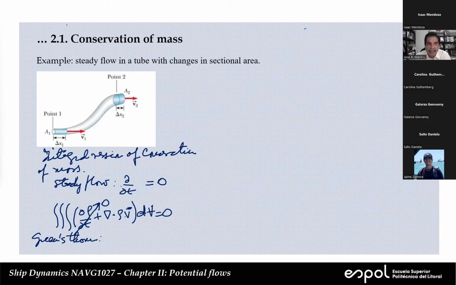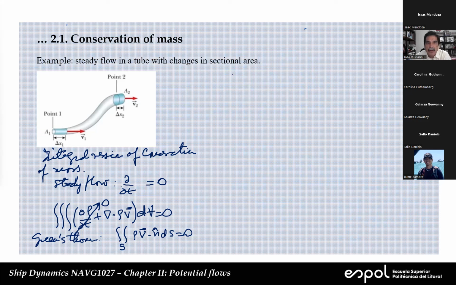This is an integral in volume, so we can put it back to integrate the surface limiting the volume. And in this case, it's going to be the integral of rho v dot n ds equal to 0. And this term here does not participate because we already said that it is a steady case.